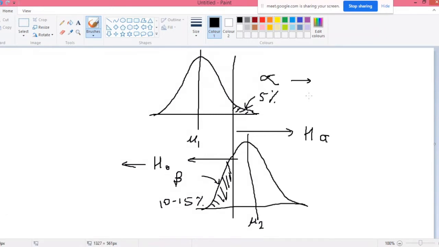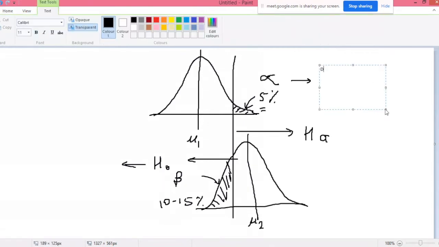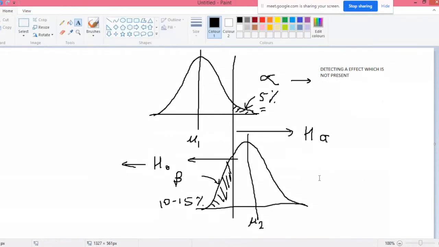I will again repeat. Alpha risk, 5%, is detecting an effect which is not present. What is beta risk?